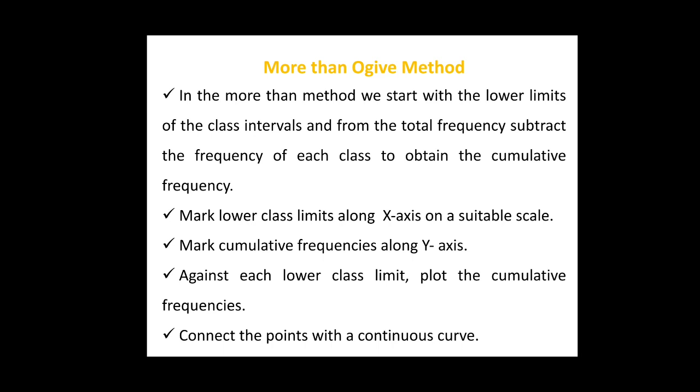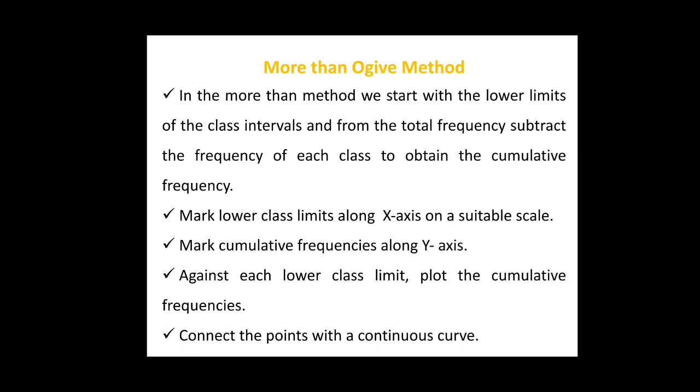In the more than method, we start with the lower limits of the class intervals. That is, it shows the number of observations greater or more than the lower class limit. And then from the total frequency, subtract the frequency of each class to obtain the cumulative frequency.